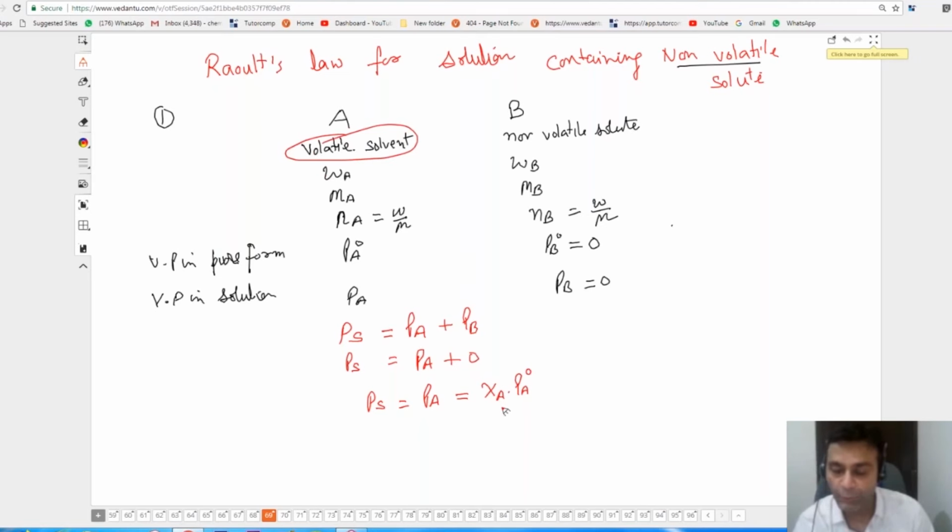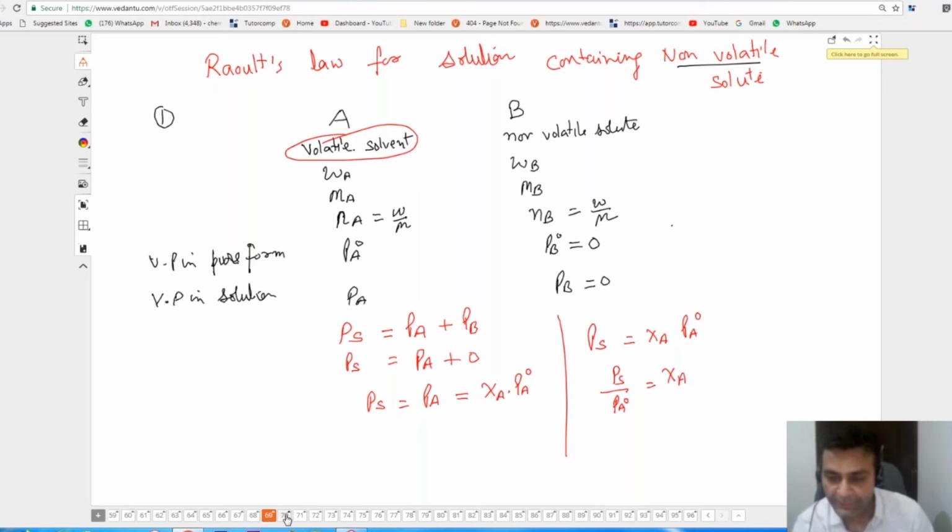Number one, its mole fraction. Number two is its vapor pressure. The product of the two is called the vapor pressure of the solvent, the A component. Any doubt here till now? So can I say PS is equal to mole fraction of A and PA naught? So I can say PS upon PA naught is equal to mole fraction of A.